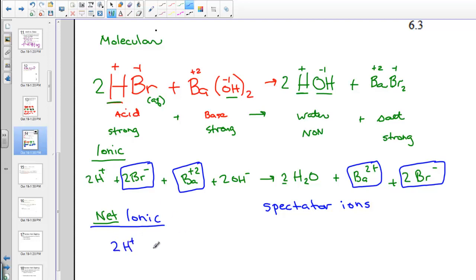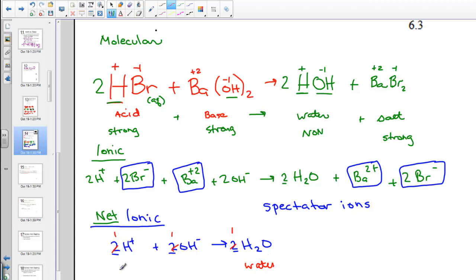We had 2 hydrogen ions, 2 hydroxide ions combining to form the neutralized water molecules. And if I take those 2's, 2 H positives, 2 OH negatives, 2 waters, and I simply reduce them down, the 2 to 2 to 2 ratio, and just represent that as a single hydrogen and a hydroxide combined to make water.